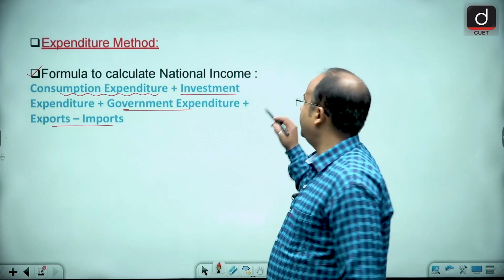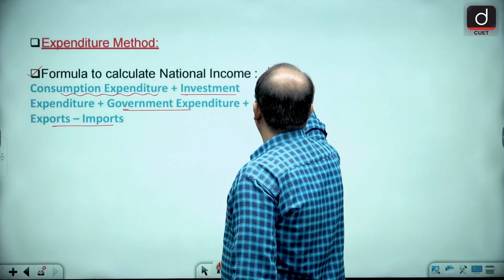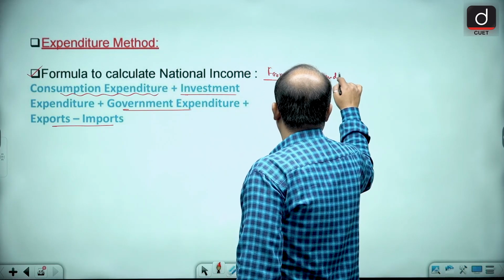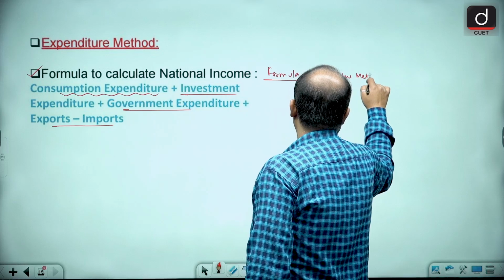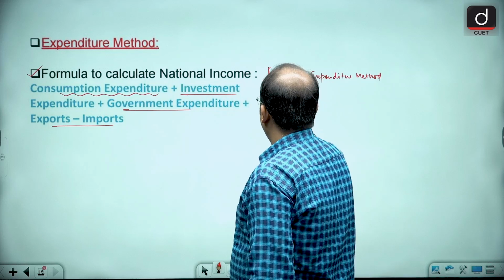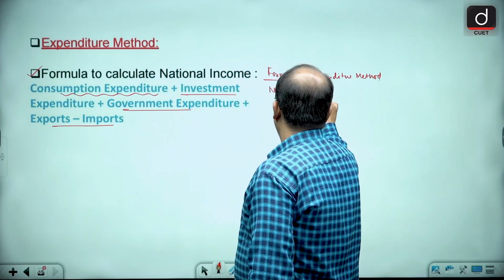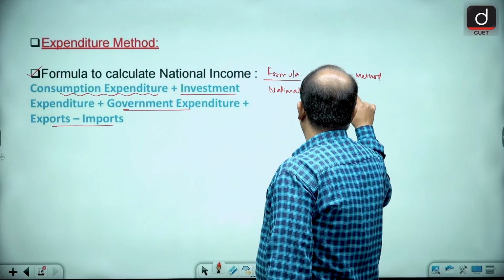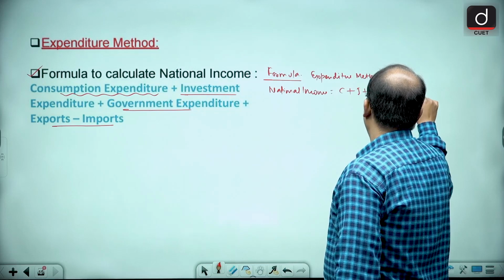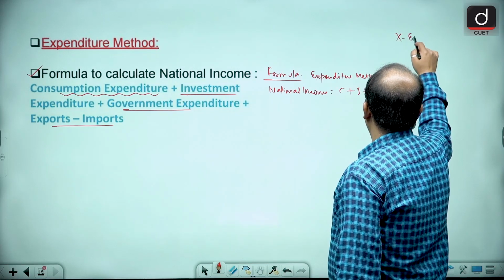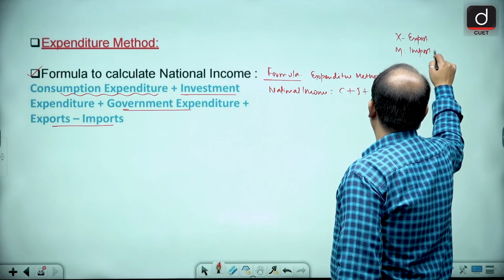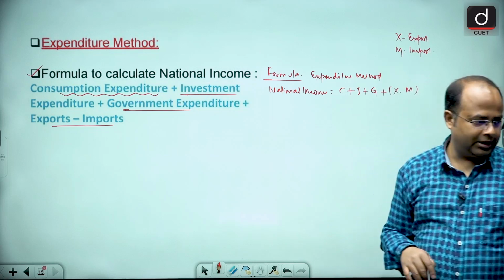First of all, the formula for the expenditure method is: national income equals C plus I plus G plus X minus M.